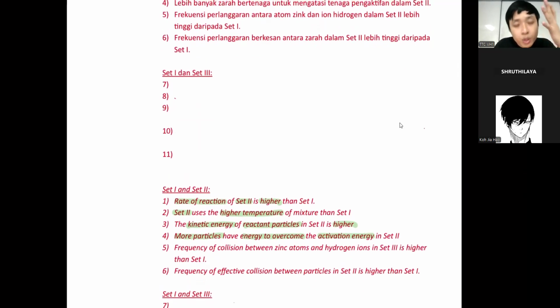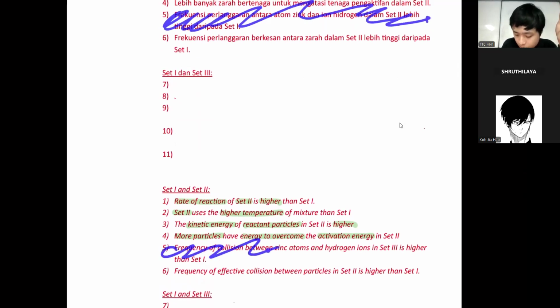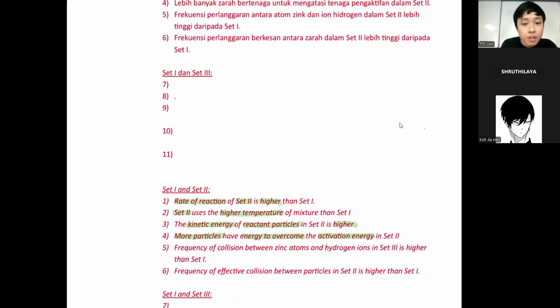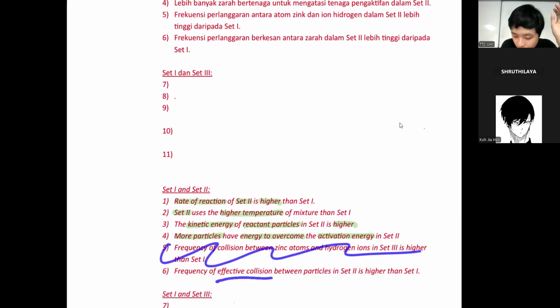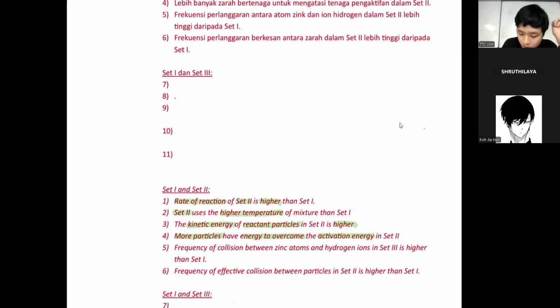Or you can straight away skip the fifth step, in this case you can skip. If you want it more complete, you can write everything. But if you skip the fifth step, then for number 6 you have to say between zinc atom and hydrogen ion. You have to state what particle it is. So the frequency of effective collision between zinc and H+ in set 2 is higher.